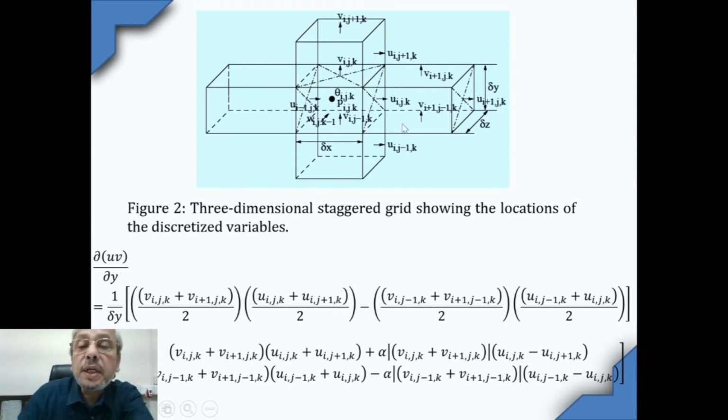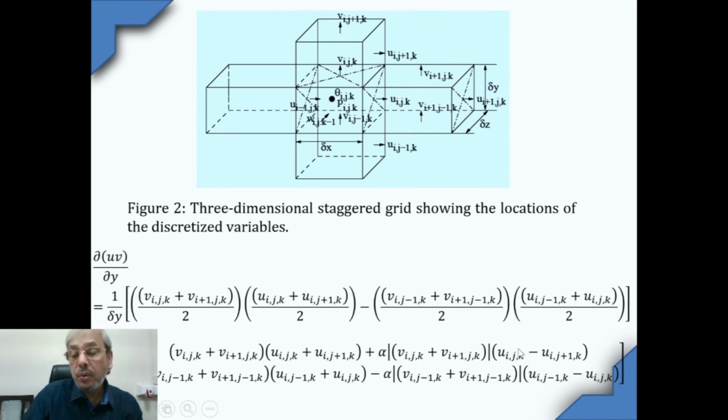Between these 2 points again we have to interpolate v here, and using these 2 points we have to interpolate u here. So u into v at this point is this quantity, and u into v at this point is basically this quantity. So 4 comes out, and then we get these terms.